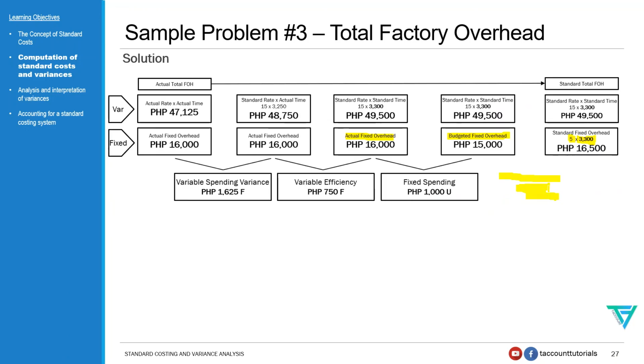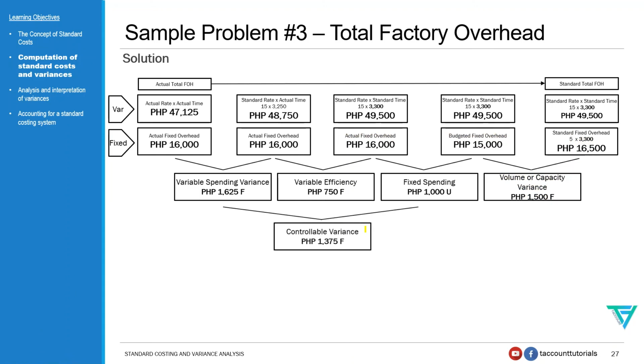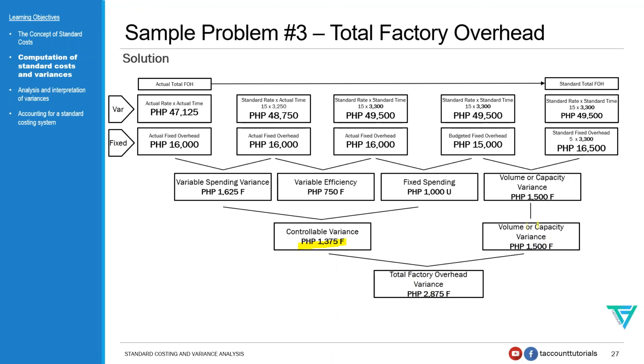So our analysis remains correct, right? Now to proceed with the further analysis, we could add this first three to arrive at the controllable variance of 1,375 favorable. And we could carry over the volume or capacity variance into the same amount, right? And then if we add the total factory overhead variance here, we arrive at 2,875 favorable, right?